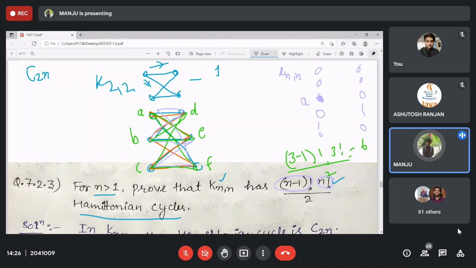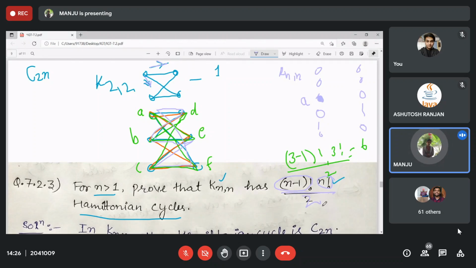Then why does this 2 come into the picture? Because I told you, whether you are forming this cycle this way or this way, you are repeating the cycle, right? So this is why the 2 is coming into the picture.